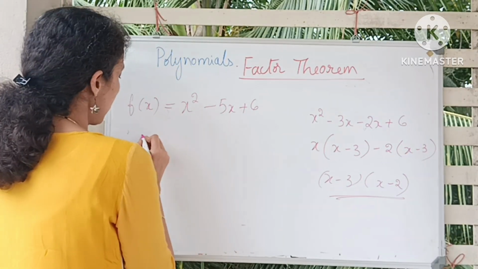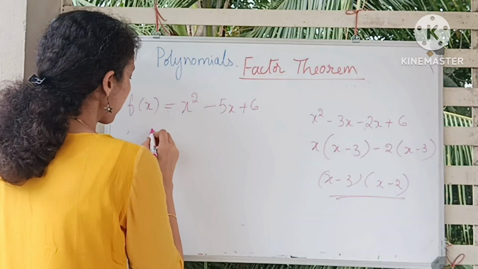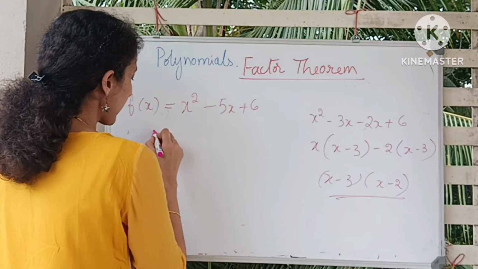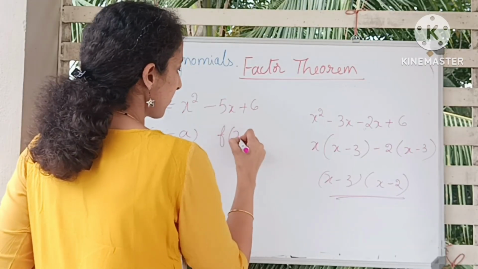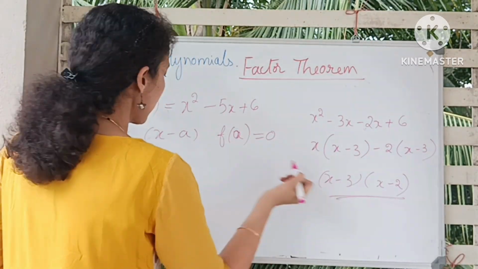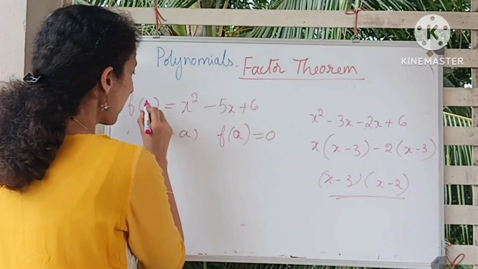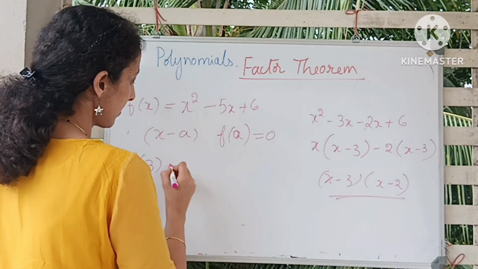Let us take, we know from the factor theorem that if x minus a is a factor, then f of a should be equal to 0. So let us try to apply a as 3 and see if f of 3 becomes 0.